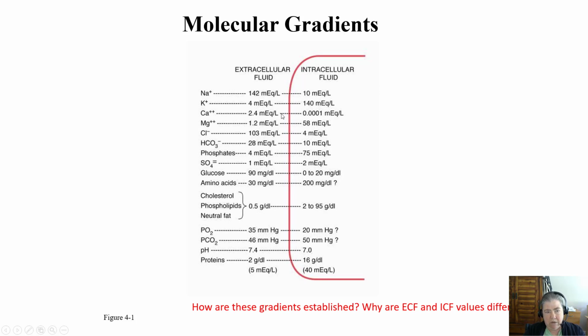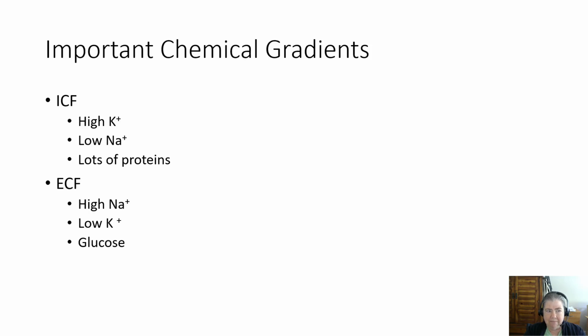But what's more important is to understand that the concentration of sodium outside the cell is high and inside the cell is low, and that the concentration of potassium outside the cell is low and inside the cell is high. Now, why is that? That's important, and we're going to talk about that.